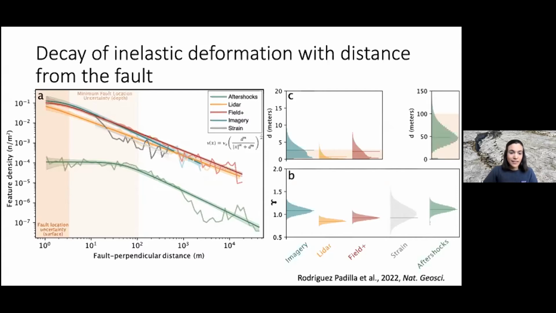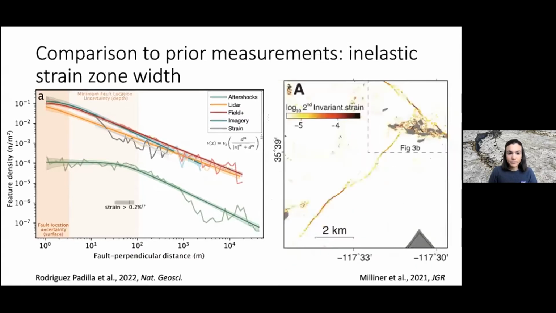So let's keep this in mind while we compare our decays to prior measurements of the extent of inelastic deformation from Ridgecrest. Here I'm showing you some of the work of Chris Milliner. Optical image correlation defines a 30 to 100 meter wide zone of inelastic strain that's centered on the rupture.